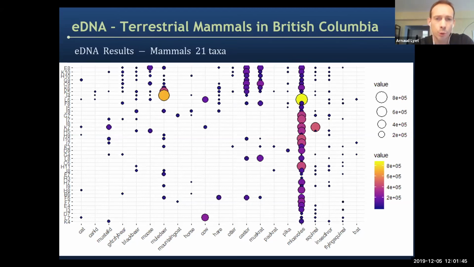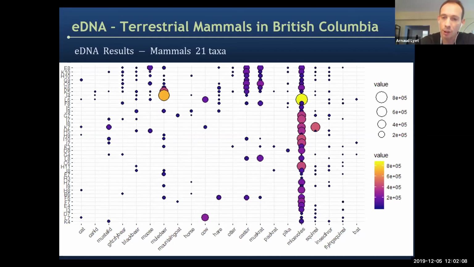We detected 21 taxa. The result doesn't show all the species because of the limitation of the reference database. Some species that were possible to identify via camera traps were not identified with the DNA.